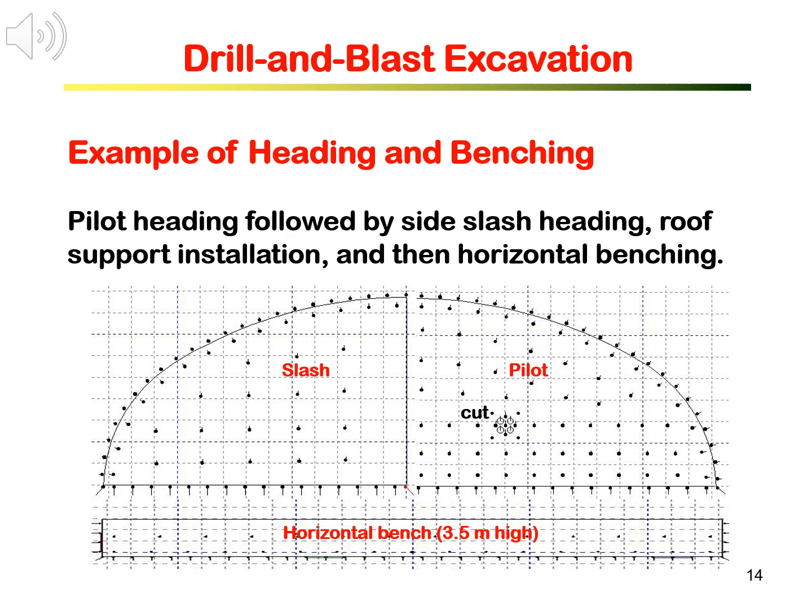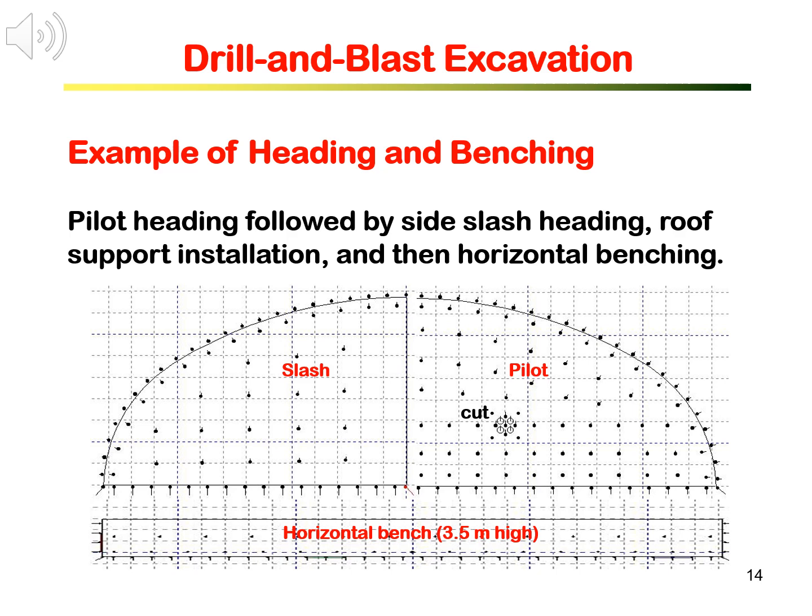Here is an example of a heading and benching blasting for a large span cavern. The span is 30 meters. As you can see, the pilot top heading was done first, with each advance of 5 meters. After each pilot heading advance, side slashing heading was followed.